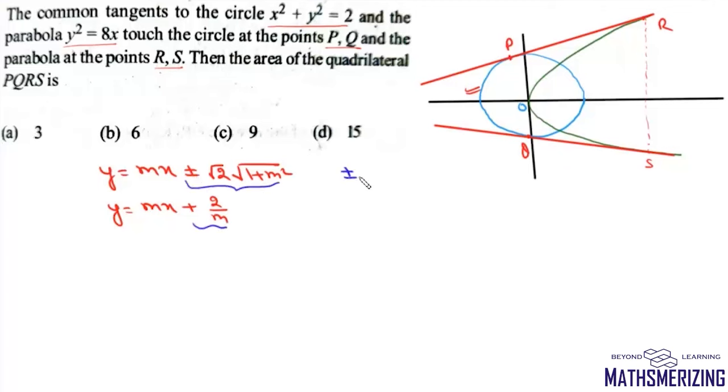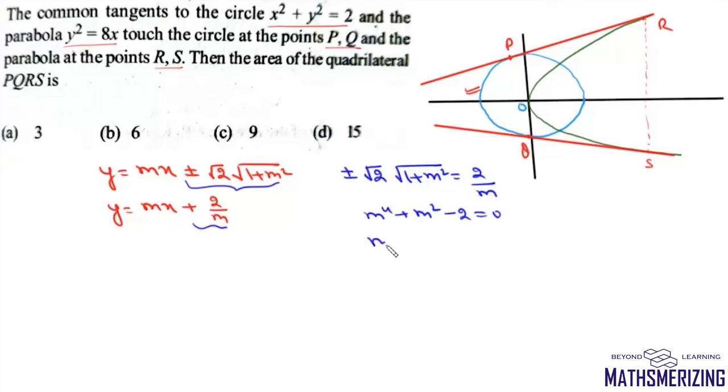We'll write plus minus root 2 into under root of 1 plus m square, and it should equal 2 upon m. So we'll square, we can write it as m to the power 4 plus m square minus 2 equals 0.